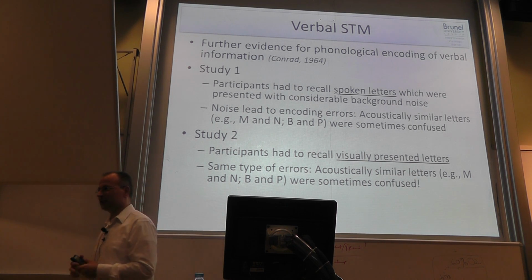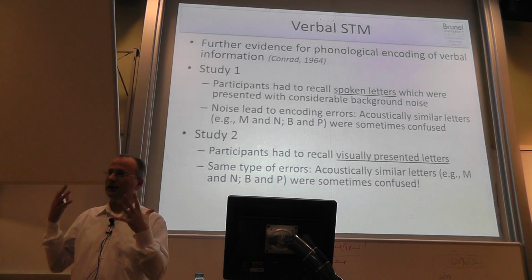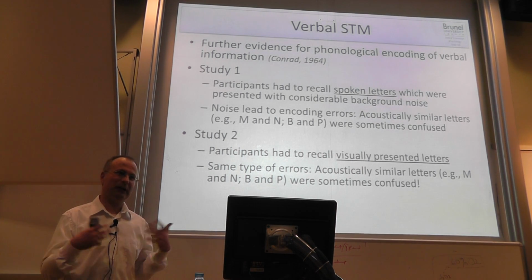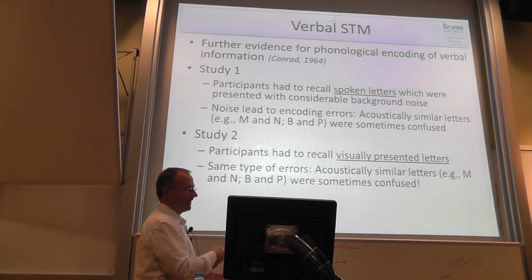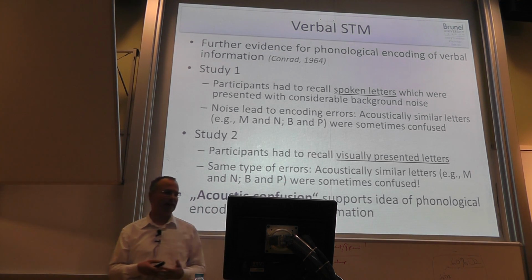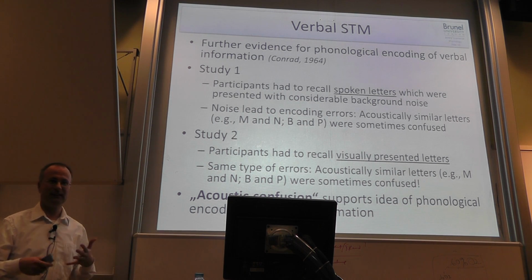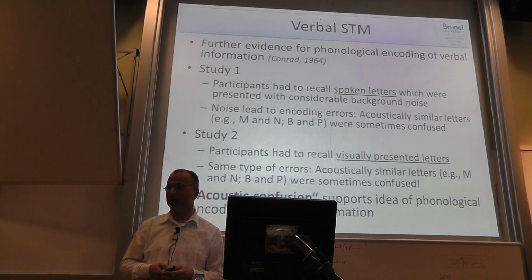The interpretation is that we do this acoustic rehearsal, and our rehearsal system is not a perfect computer. We have some noise in our system as well, so that we do these type of confusions. So this finding again supports the idea that we really do this phonological encoding of verbal information.